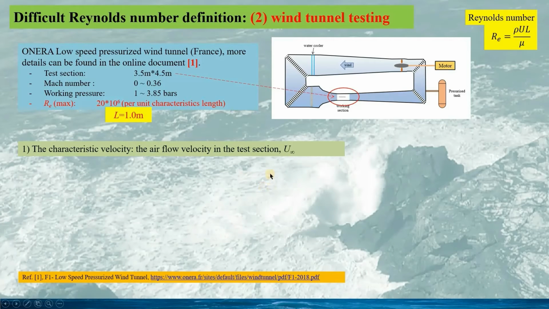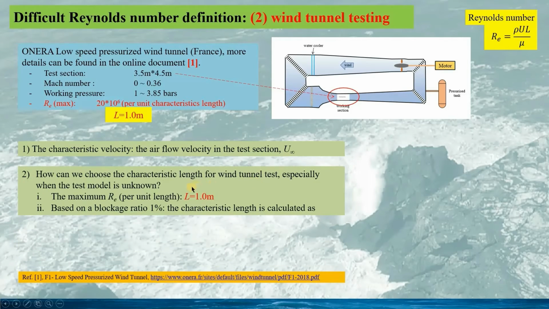So in defining the Reynolds number for the wind tunnel, we can see the characteristic velocity is well defined. It is the airflow velocity in the test section, U infinity. But we might have difficulty choosing the characteristic length for the wind tunnel test, especially in the case where the test model is not decided.